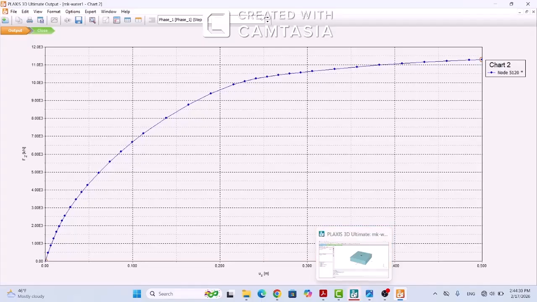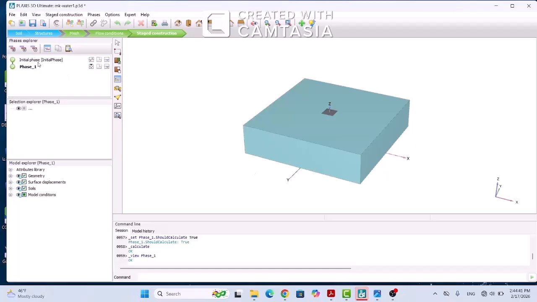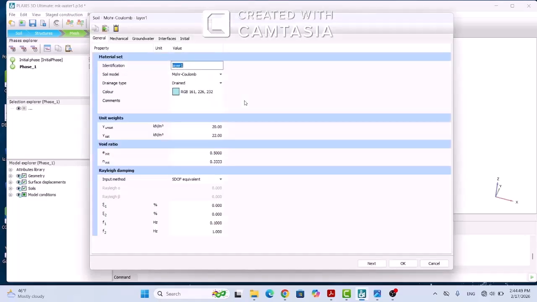So we go to model the undrained condition. We close, yes. So we change the situation. We go to material set, layer one. We don't change anything except drainage type.